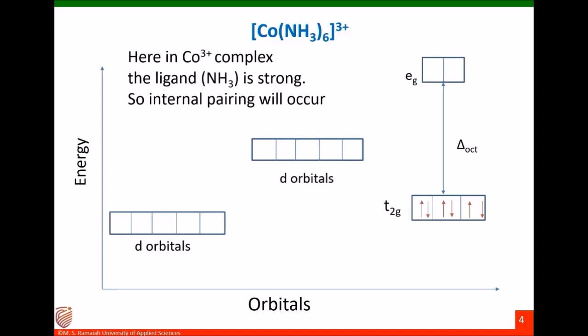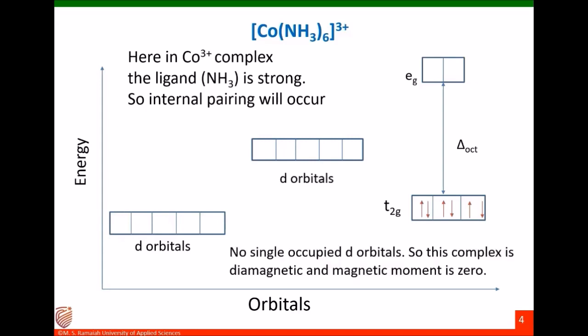All 6 electrons will be occupied in the t2g orbitals and there will not be any electrons going to the eg orbitals. Now if you see, there are no singly occupied d orbitals, so this complex is diamagnetic and the magnetic moment value is 0. Now you know why [Co(NH3)6]3+ shows diamagnetic property.